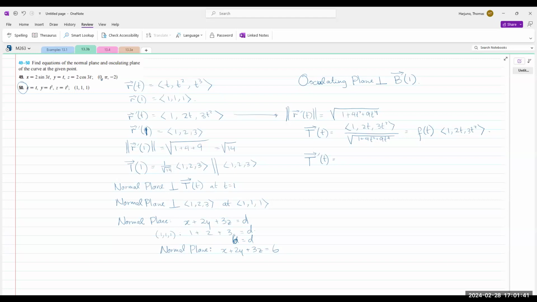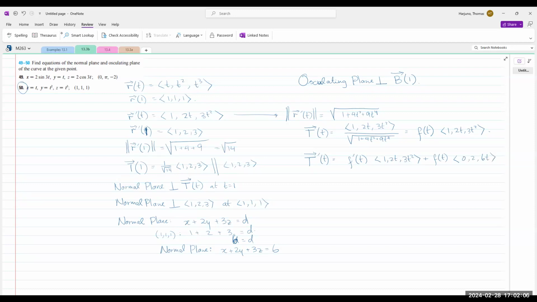So T prime will be f prime t times 1, 2t, 3t squared plus f(t) times the derivative of this, which is 0, 2, 6t.